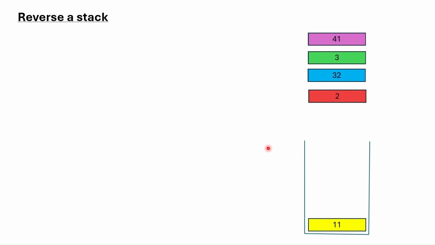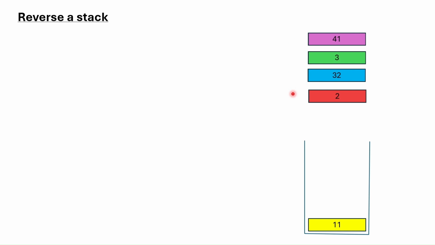Now when the size is equal to 1, we will push this 2, but while pushing this 2, we will push it at the bottom. Why are we doing it? If we keep pushing every element at the bottom, then finally our stack will be reversed.